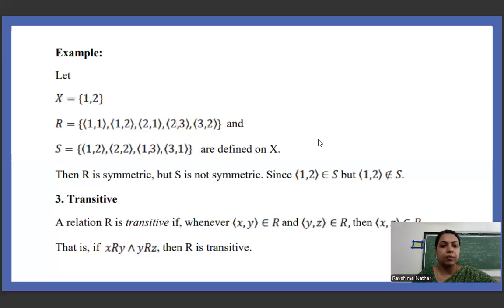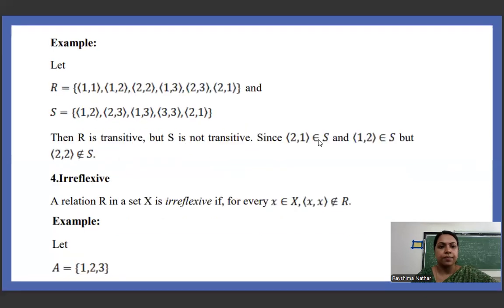Next, transitive property. A relation R is transitive if (x, y) belongs to R and (y, z) belongs to R, combining these two relations, (x, z) belongs to R. If x R y and y R z implies x R z, then R is transitive.